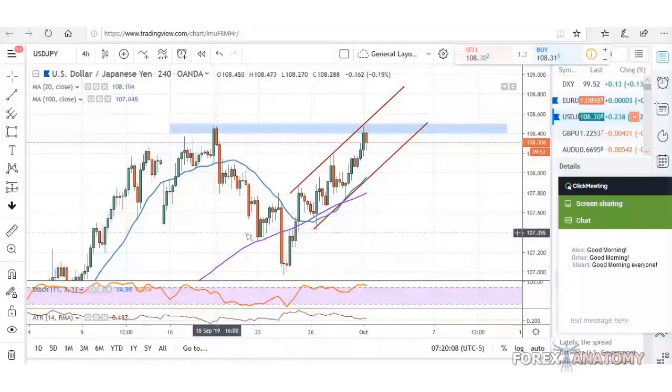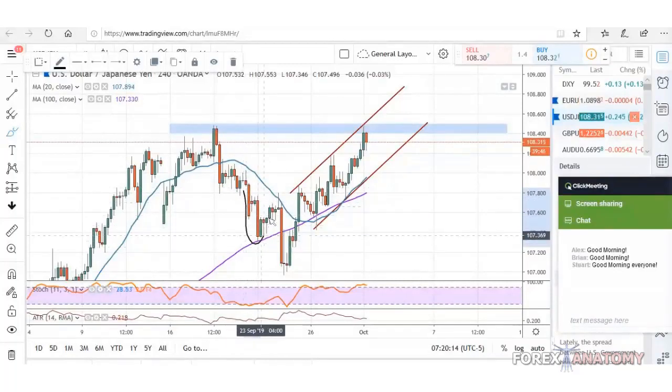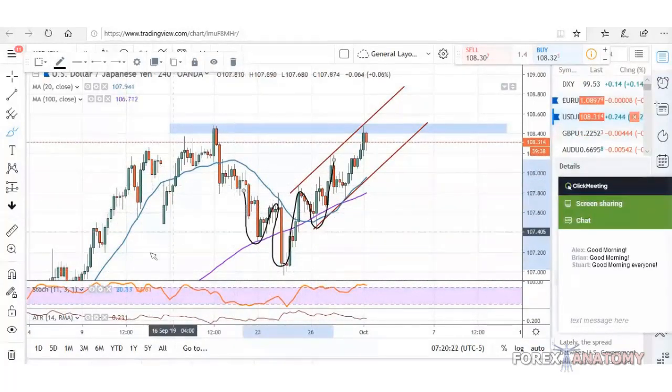This is what you would call an inverted head and shoulders continuation pattern. It's not really a reversal signal because it's still in the direction of the trend. Price has been trending upward for many weeks, and what we see is an inverted head and shoulders in the midst of that trend, supporting a move to the upside.